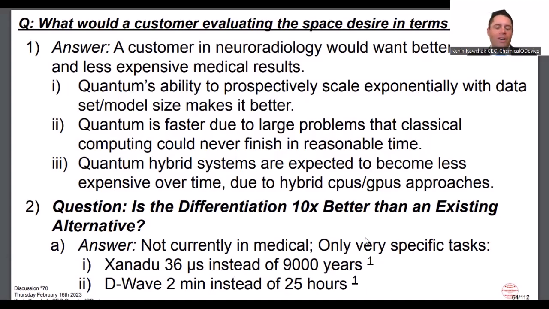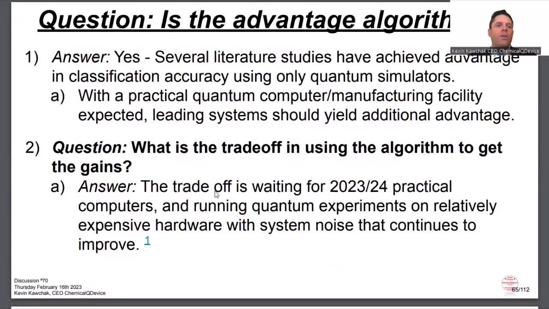So yes, that one does. And D-Wave had an application, basically in food, but they'll refer to that often if you talk to them, because that's non-gate-based, or quantum annealing: 2 minutes instead of 25 hours. 2 times 10 is only 20 minutes. So yes, that's 10 times better than the existing alternative.